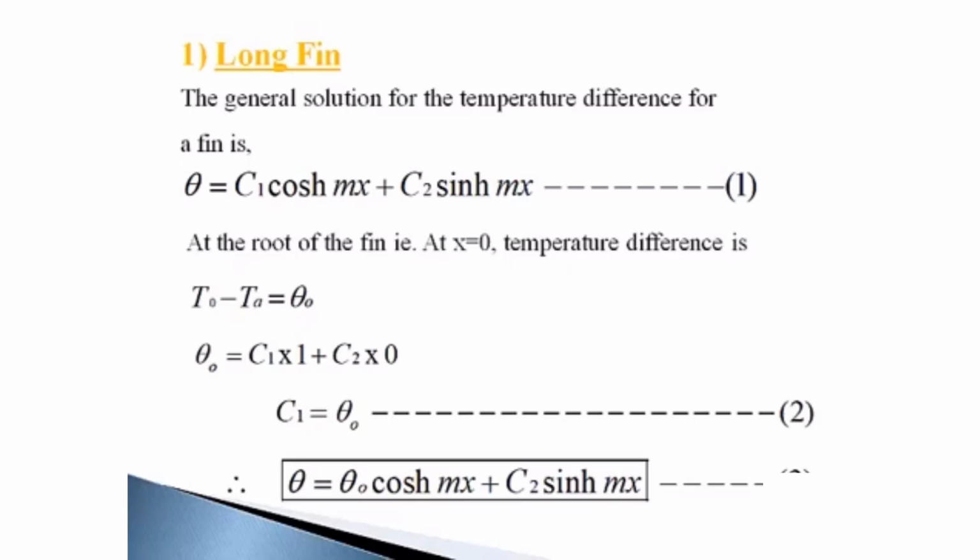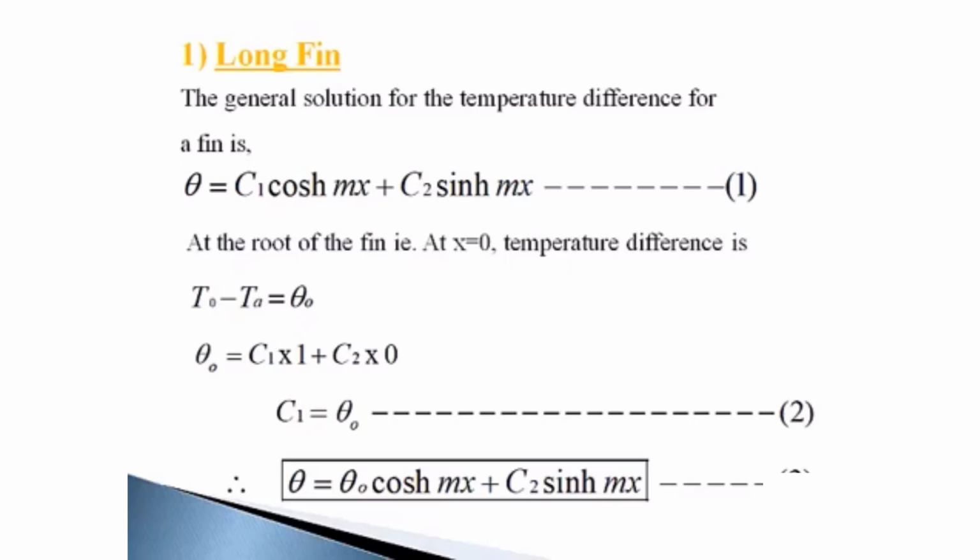Now a long fin is one in which the heat flow from the end of the fin is negligible. Heat is conducted from the base of the fin to the end. But during this conduction process, heat is also conducted away from the fin surface.